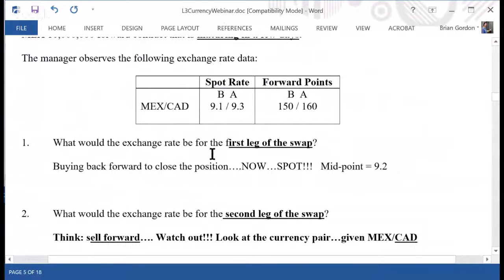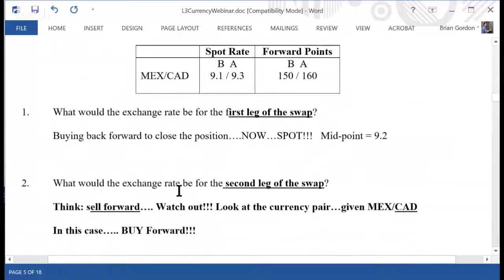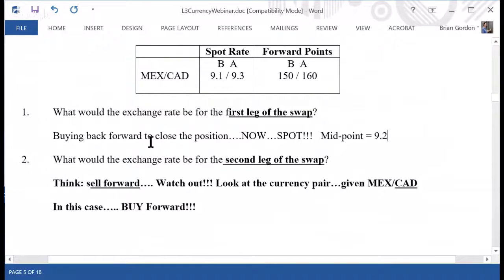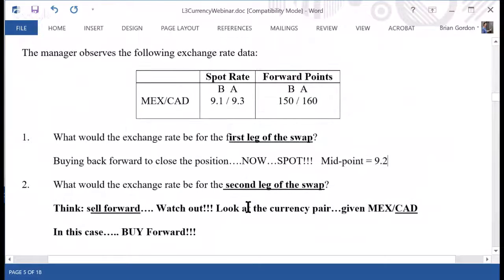Now, remember, in question 2 here, where it says, what would the exchange rate be for the second leg? So what are we doing? Well, you think about hedging. So you normally think about selling. No, that's not going to occur here. Watch out. Look at the currency pair. The currency pair is given as Mexican peso per Canadian.